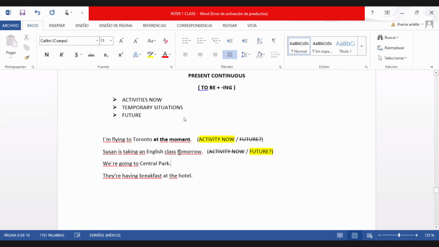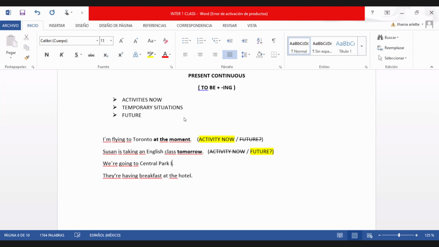The time expression is going to indicate it. What possible time expressions do we have for the future? We can have at night, after the English class, tomorrow, next Wednesday, next weekend, next month, next year, in 2023. Those are time expressions which refer to the future. Okay, so the next one: we are going to Central Park in the afternoon.